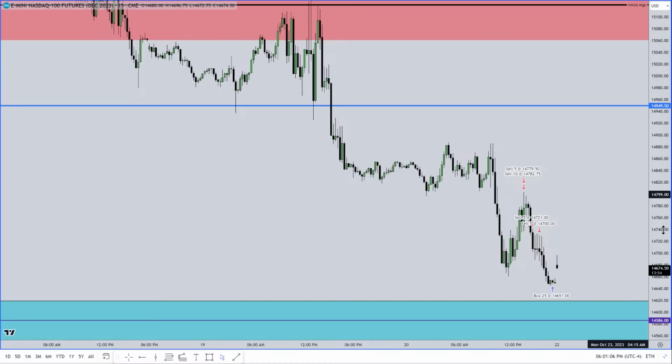So do I subscribe to going for a run higher? I'd like to see it shake off this opening gap, break lower, and still go down for the sell side. That's what I'd like to see.